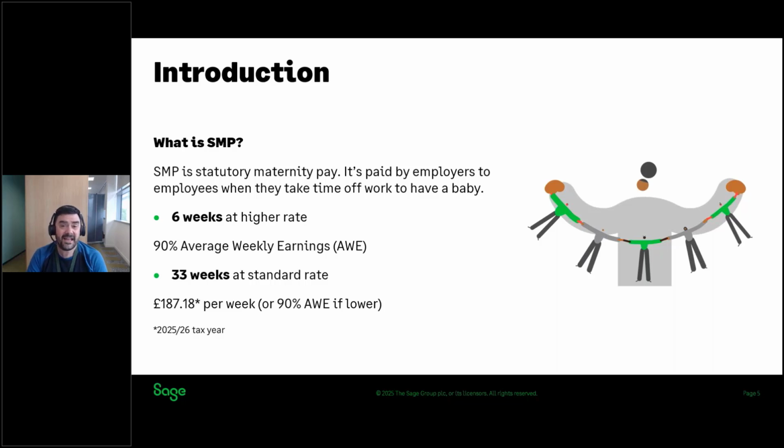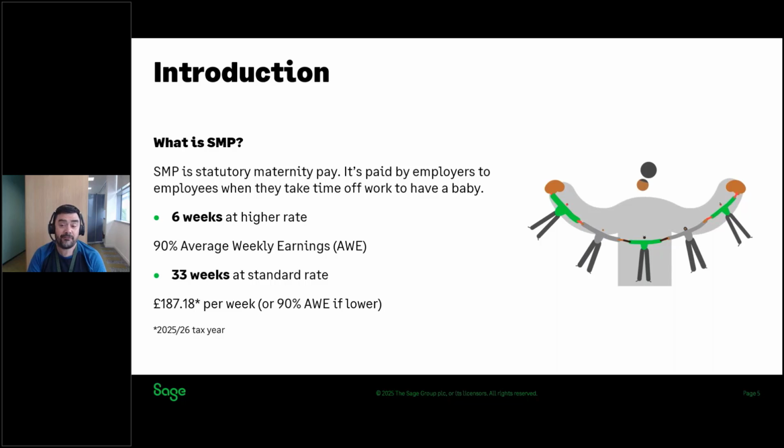Now, SMP is paid at two different rates. So for the first 6 weeks of entitlement, the employee gets the higher rate of SMP, and this is 90% of that employee's average weekly earnings, or AWE. And then for the remainder of the paid maternity leave, 33 weeks, they would get it at the standard rate.